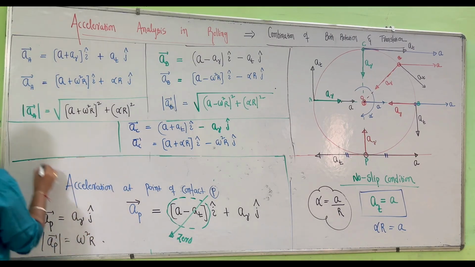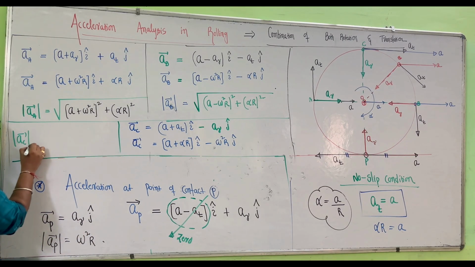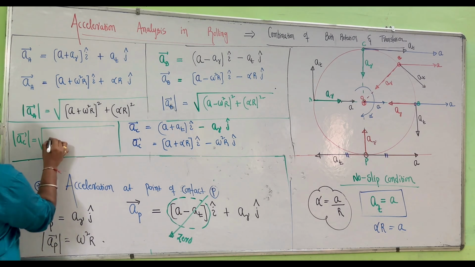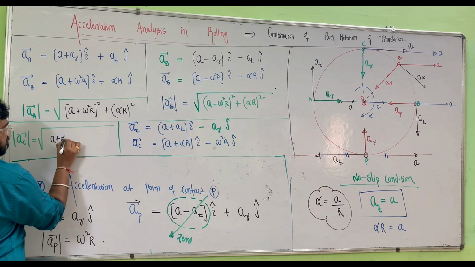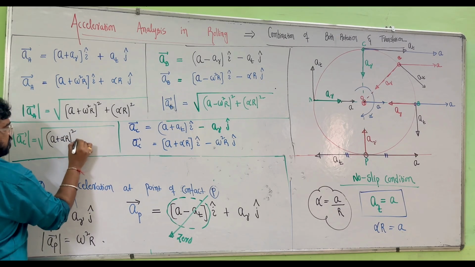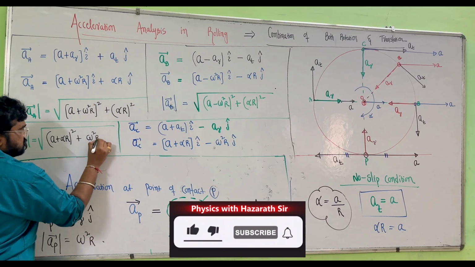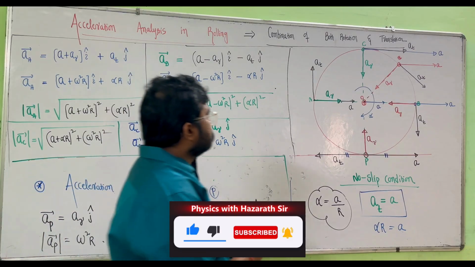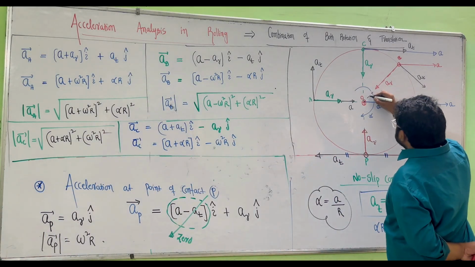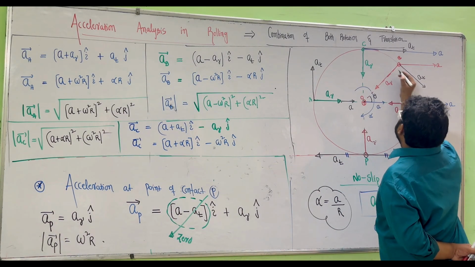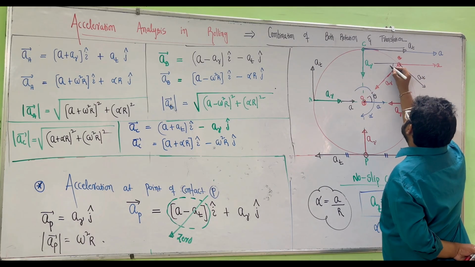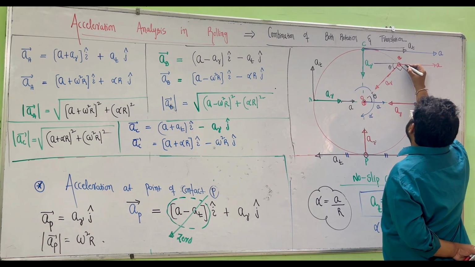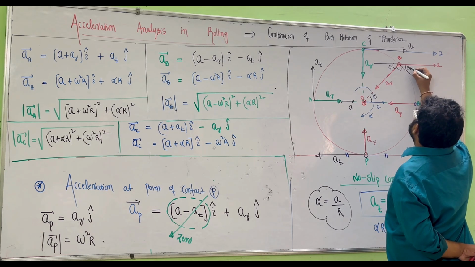So then what is the magnitude of acceleration at point C? Square root of A plus alpha R whole square plus omega square R whole square. So here you can take this as theta. Then this is 90, and this is 90 minus theta.